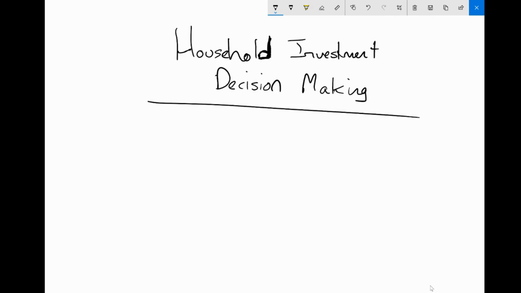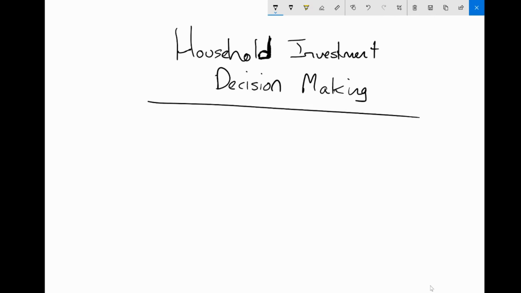We want to build the toolkit to be complete development economists. So this model is going to give us the opportunity to think about some policies that might be relevant in a developing country context. Okay, so let's just jump right in.